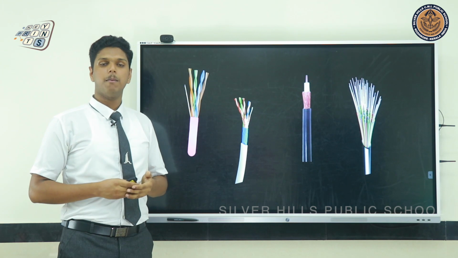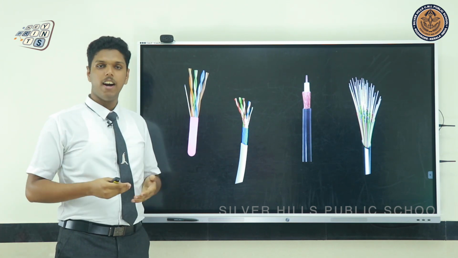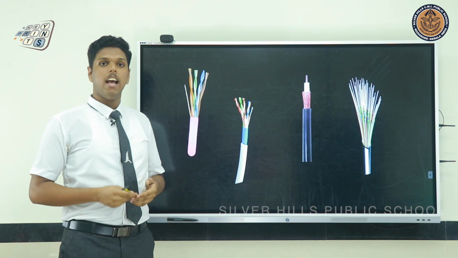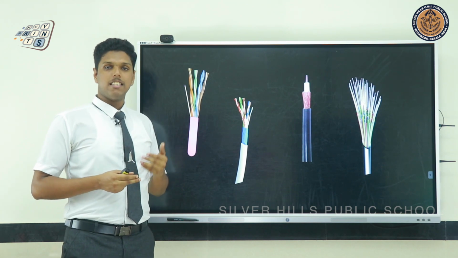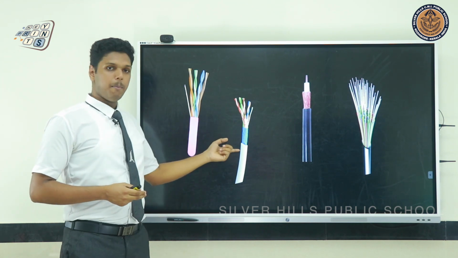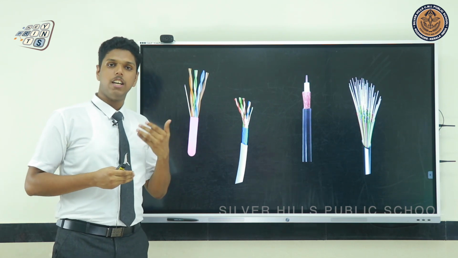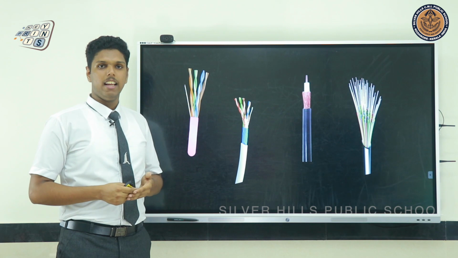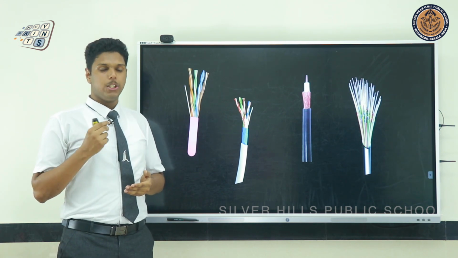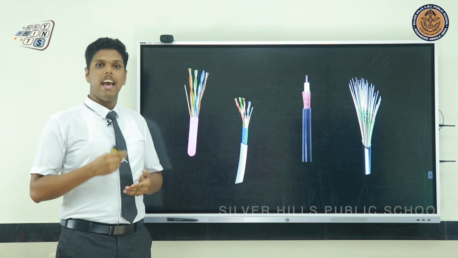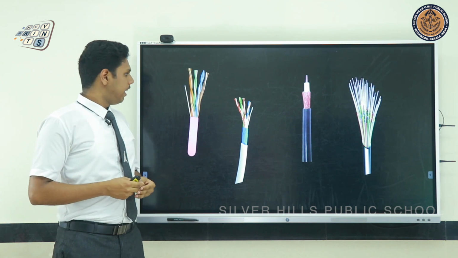The first form of communication media is wired media, or guided media, and it is divided into twisted pair cable, coax cable, and fiber optic cable. Twisted pair cable, in which wires are twisted into pairs to form a single wire, is available in two variants: shielded twisted pair cable, or STP, and unshielded twisted pair cable, or UTP.